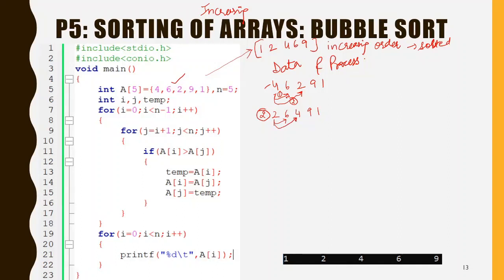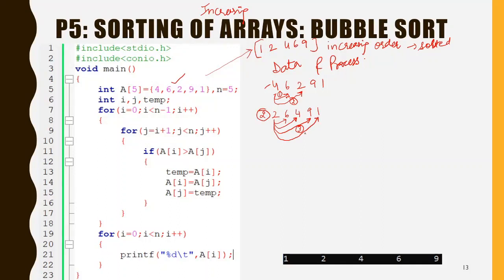Now in the third step, 2 is compared with 9. Obviously 2 is less than 9, so 2 is in the right place, and 9 is also in the right place. It looks like that, but we will see further. So this comparison does not make any difference. Now this 2 is compared with 1.